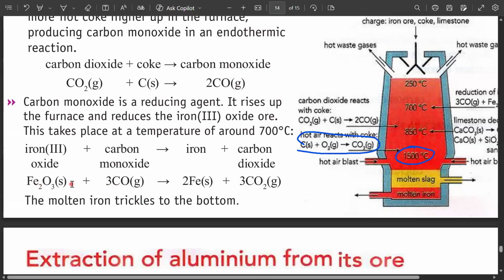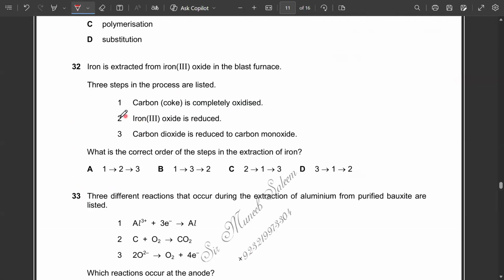So this reaction is the reduction reaction, and it's also mentioned here that it reduces the iron oxide. So this is the last step. So we will consider the second step to be the last step, and among the options we have B and C as the step containing the second step to be the last one.